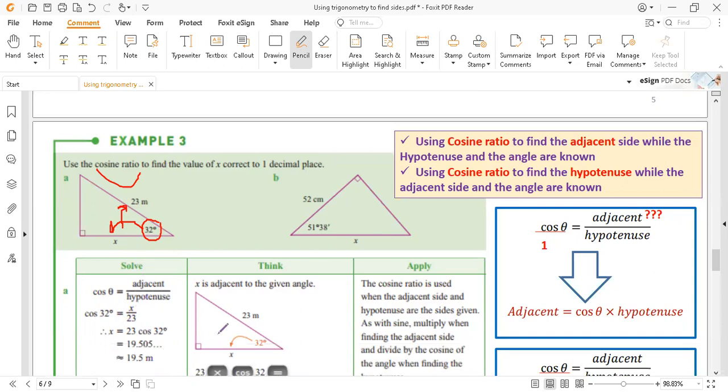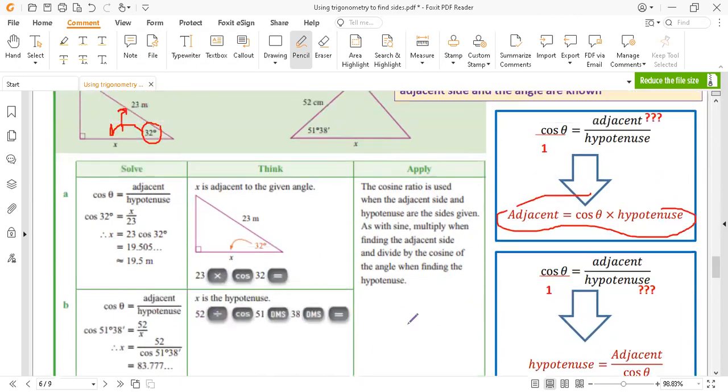We use the cross multiplication to obtain that cosine times hypotenuse equals adjacent. So adjacent equals cosine times hypotenuse.